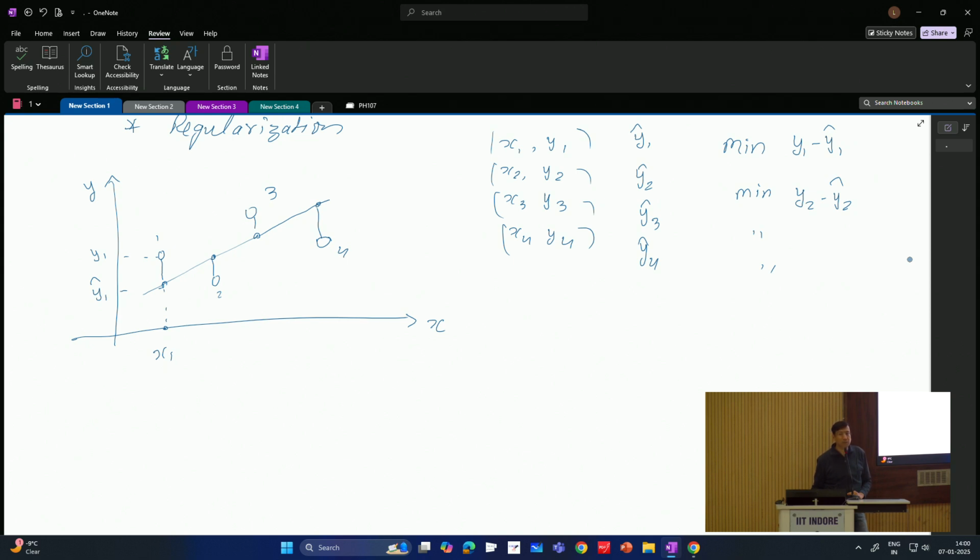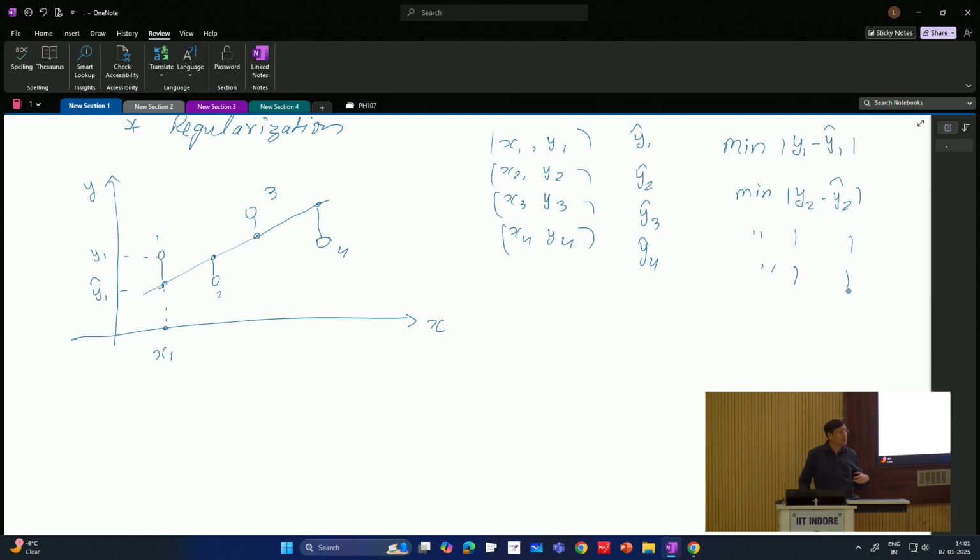You want to minimize all of them, correct? And which one is larger? I don't know. In this figure it is evident that y1 is bigger than y1 hat, but ideally you would not know. So what you could do is put an absolute sign on all of them. This kind of problem is difficult to solve because you've got multiple objective functions to minimize. Since I've got 4 points, I'm getting 4 objective functions to minimize.